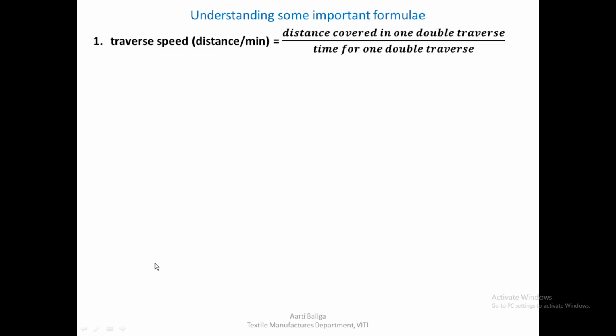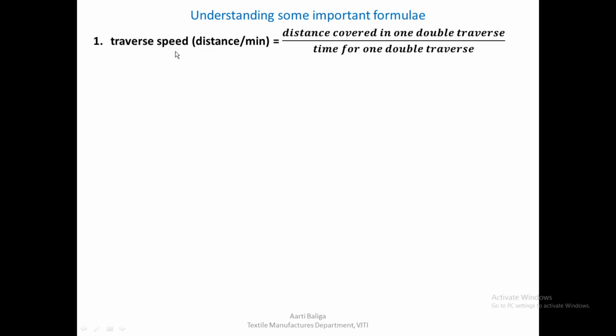So let us begin. Before we begin with the machine itself, let us see some important formulae that are involved here. We should know the difference between traverse speed, traverse ratio, and so on. So let us take a look at them one by one. We should remember these formulae so that we are able to prove certain things which will come in the following lecture.